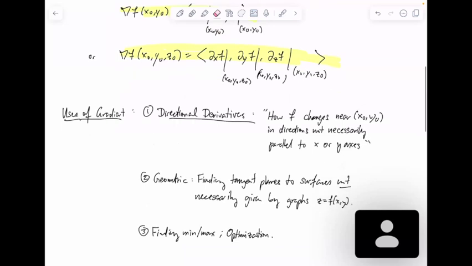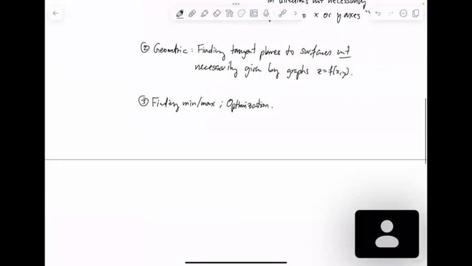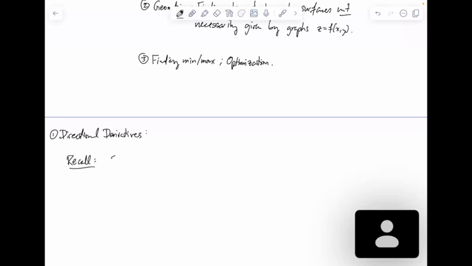So let's start with the first one, which is directional derivatives, and what I mean by directional derivatives. Let me recall something I said earlier in words. Suppose everything's very nice, so you don't have to worry about any badly behaved things.